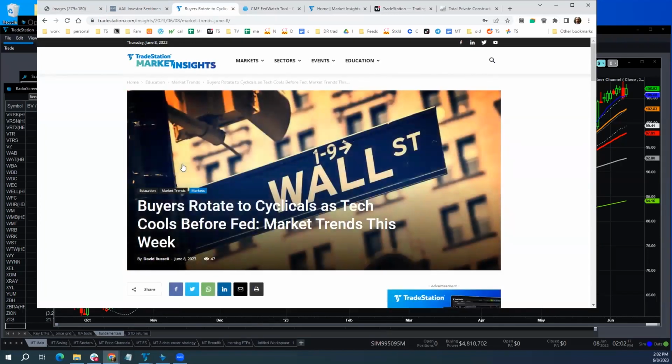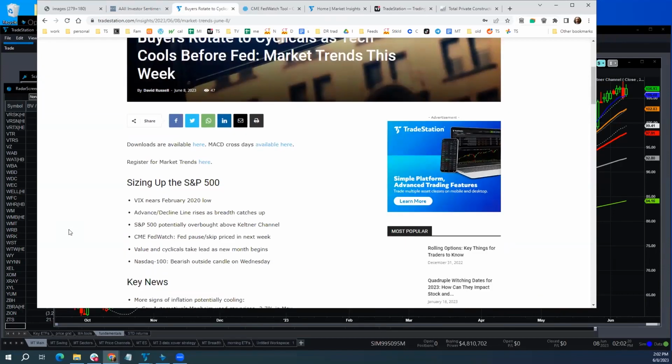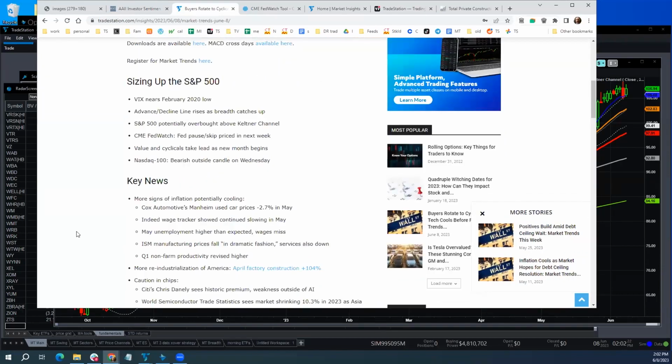First of all, today, initial jobless claims rose to the highest level in over a year. When you look back at some of the data we've had in the last week, all of it essentially points toward lower inflation and a Goldilocks environment, where the Fed has already telegraphed that they will probably not raise rates next week.